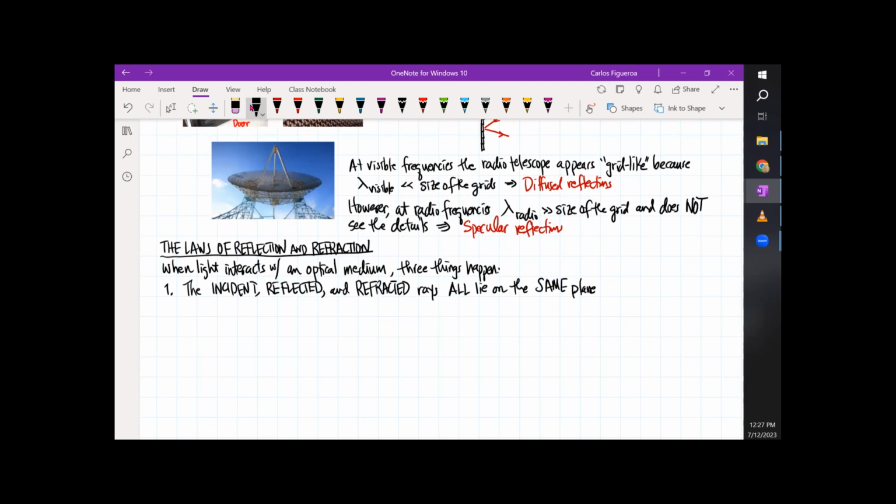I mean, this is a remarkable fact. And when you look at Maxwell's equations, it pops out almost instantly.